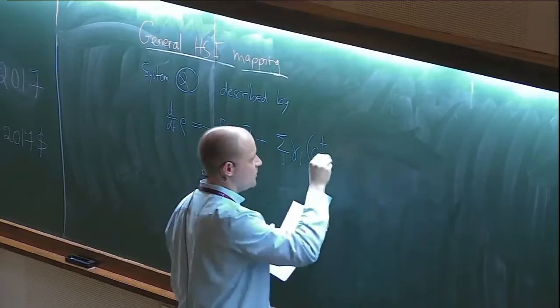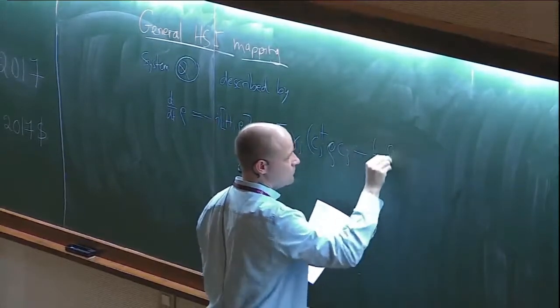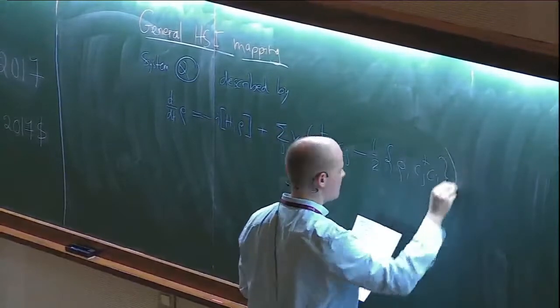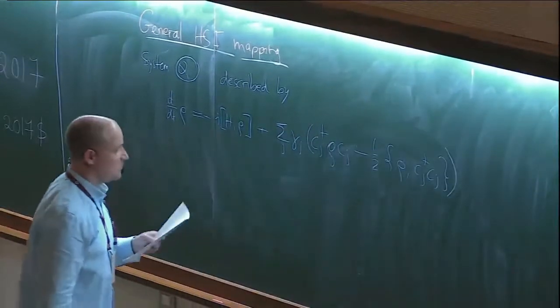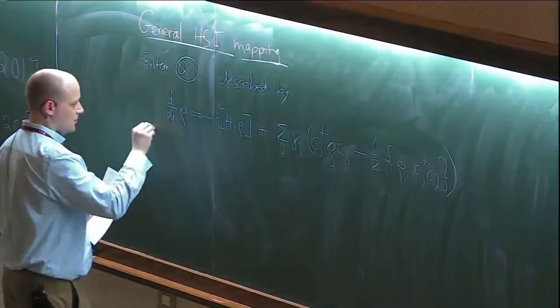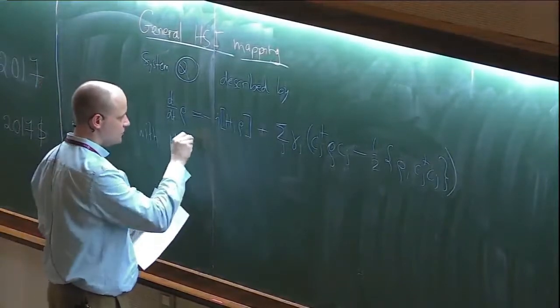CJ is my jump operator. And I'll assume that the Hamiltonian is time reversal symmetric.